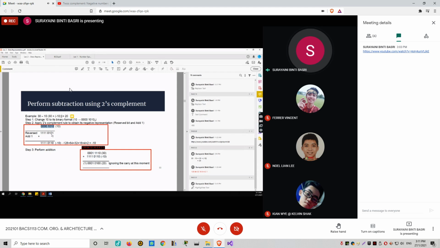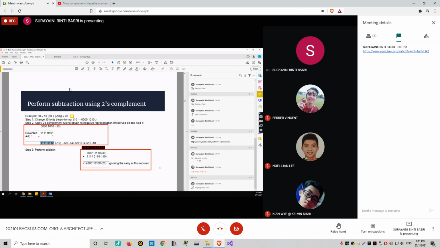After that, you apply the 2 complement here, and then you get the value, because we want it in the negative. So that's why we need to apply the 2 complement method to 10, because we want to get the negative representation of 10.